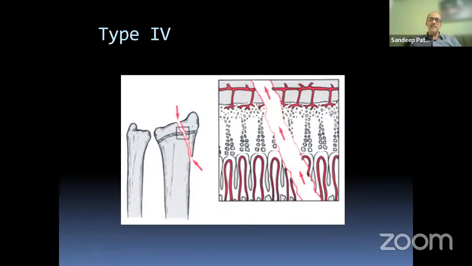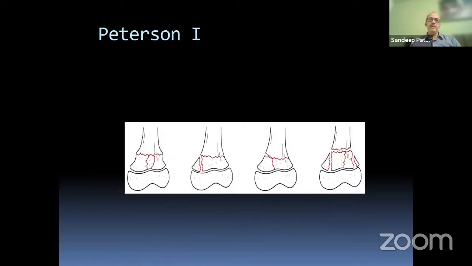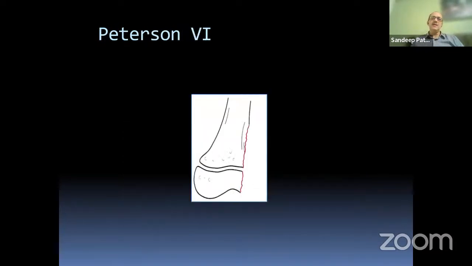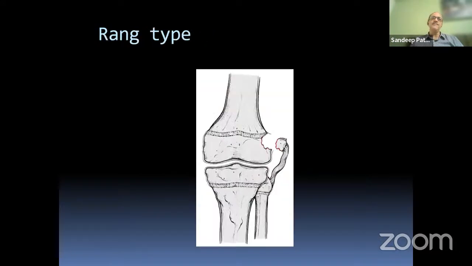Type 4, obviously, because of displacement and loss of blood supply from both sides, as well as resting cartilage. Peterson 1, where you have crush. Any kind of crushing, you must suspect that this may have growth arrest. Type 6, obvious, half the physis is missing, you will get a growth arrest. And the Rang types, that is perichondrial or avulsion type fractures.